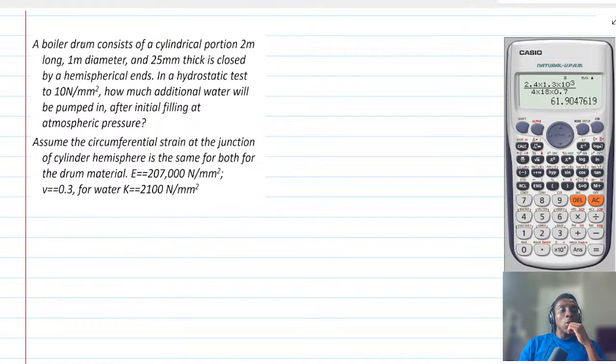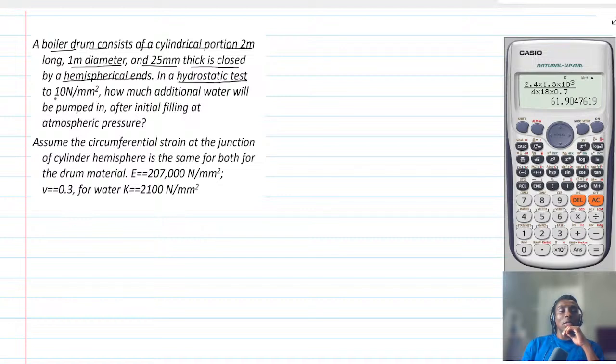A boiler drum consists of a cylindrical portion, 2 meters long, 1 meter diameter, and 25 millimeters thickness, closed by a hemispherical end.